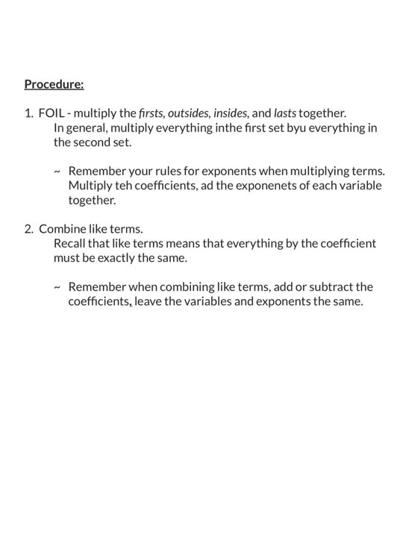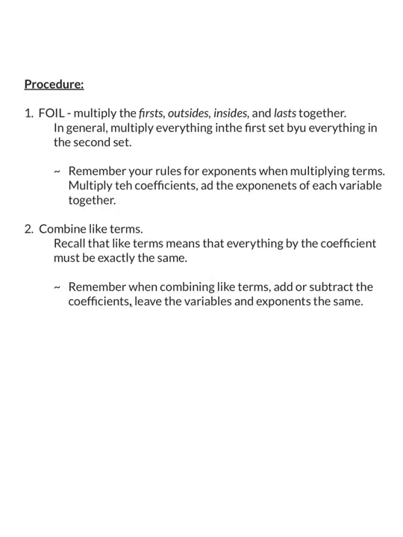In general, you want to make sure that you multiply everything in the first set by everything in the second set. Remember your rules for exponents when multiplying terms. Multiply the coefficients, add the exponents of each variable together. We are going to be getting into a second step for this, which is going to be combine like terms.